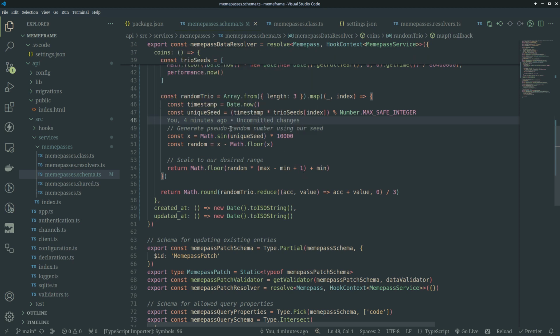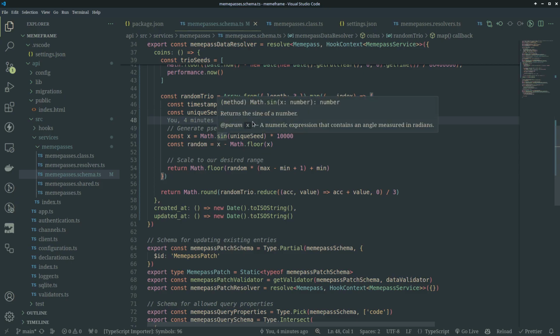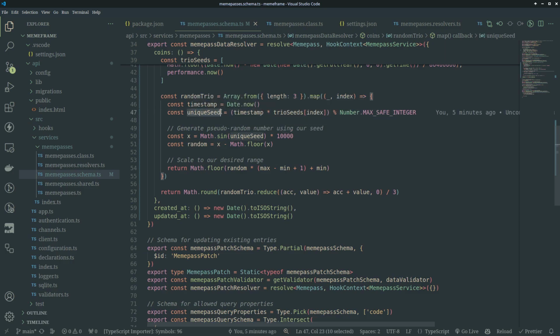Then we use sine, the normal trigonometry sine, to create a wave pattern. We pass that unique seed we generated into sine, and find the sine of it.